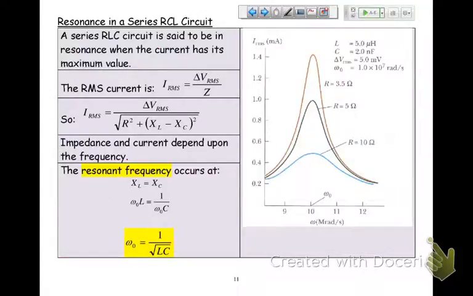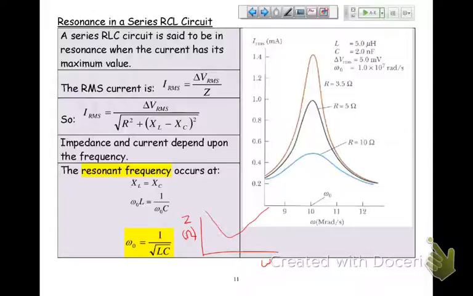Okay, so we decided that a graph of resistance versus omega would look something like that. And a graph of Z in ohms would look something like that. Big Z means small current, little Z means big current.